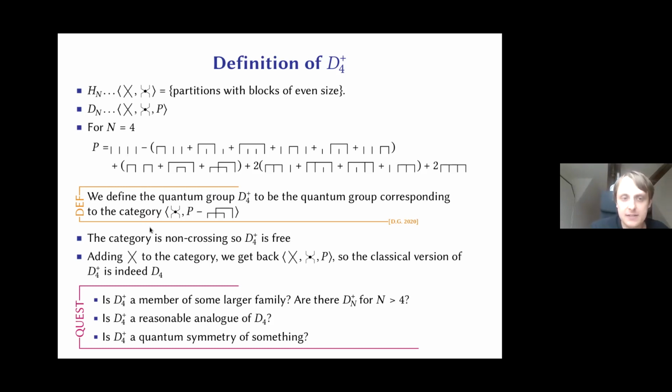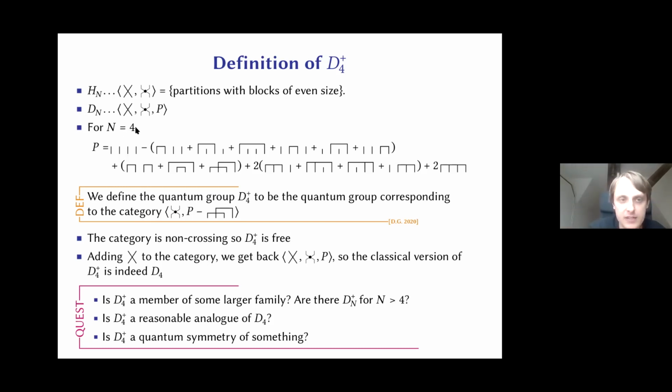And this means, there's a question in the chat: what happens for n greater than 4? Okay, so I just finished this. This means that I can call this the free version of D4, or I can say that D4 is a classical version of this quantum group, because imposing, in addition, commutativity on the algebra, we recover this D4.